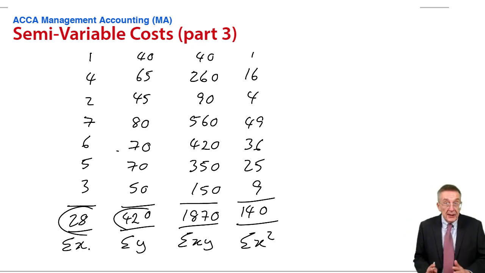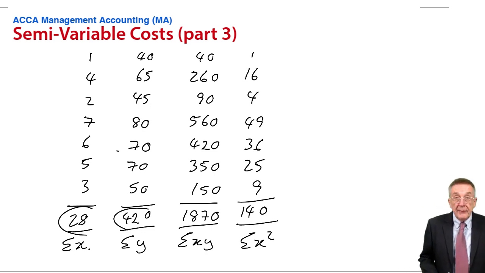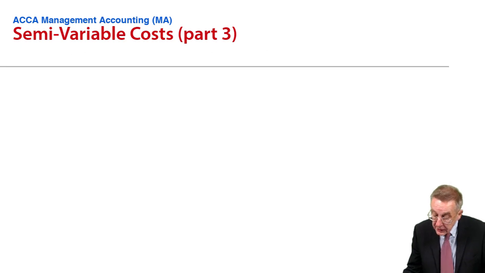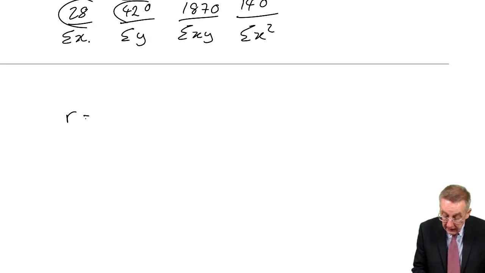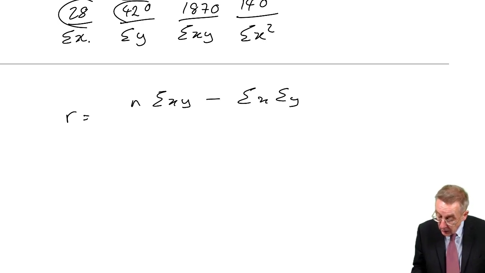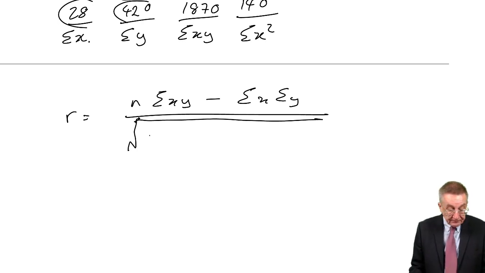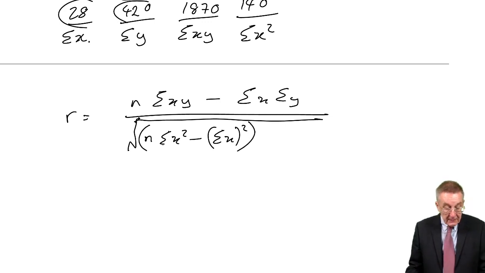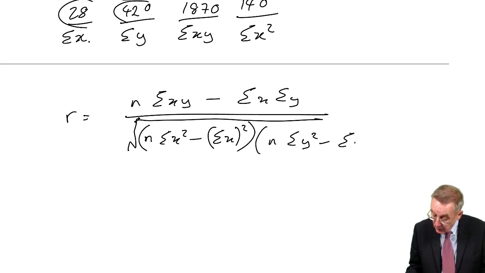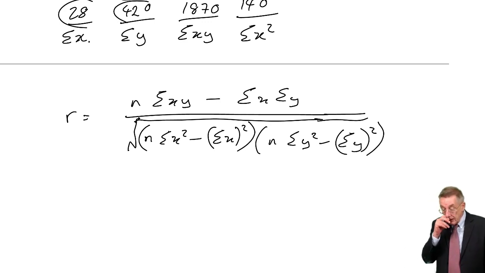I'll explain how we interpret the figure afterwards, but the coefficient of correlation, again, you've got the formula on the formula sheet, R. It's n sigma xy minus sigma x times sigma y, divided by the square root of n sigma x squared minus sigma x all squared, times n sigma y squared minus sigma y all squared. Which looks awful. It's not actually as bad as it looks.